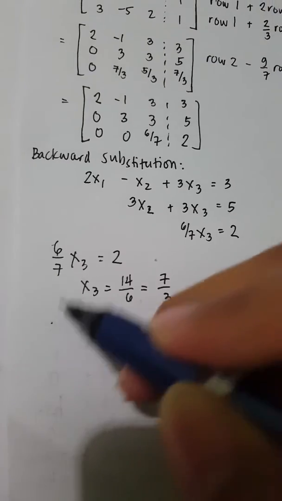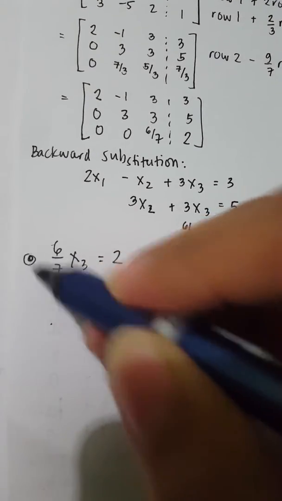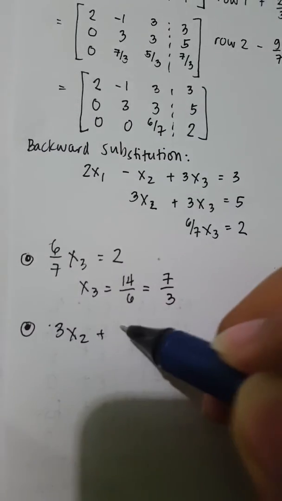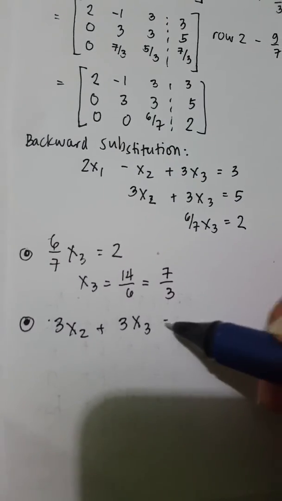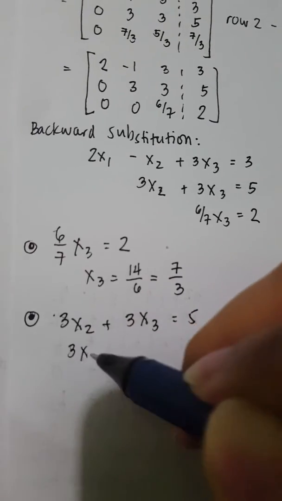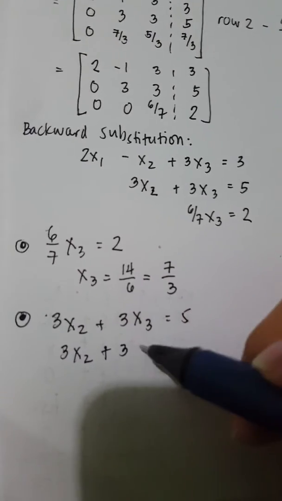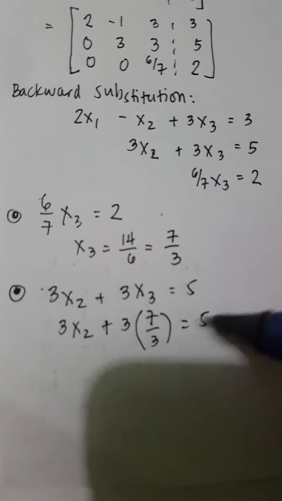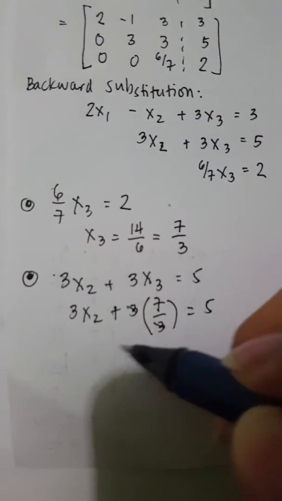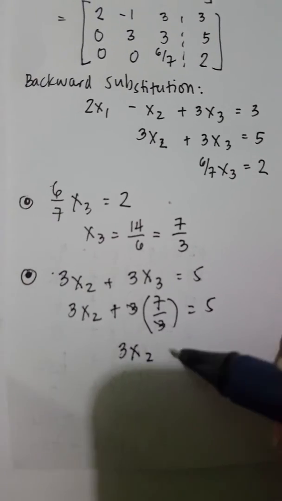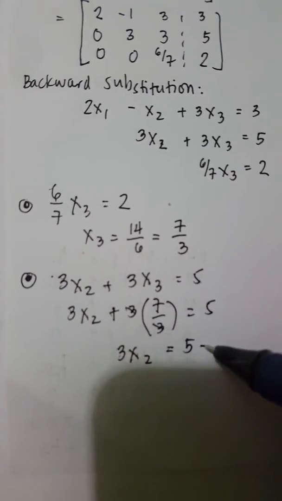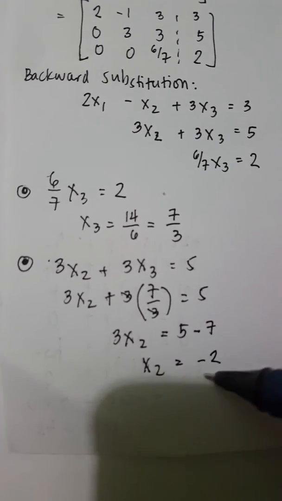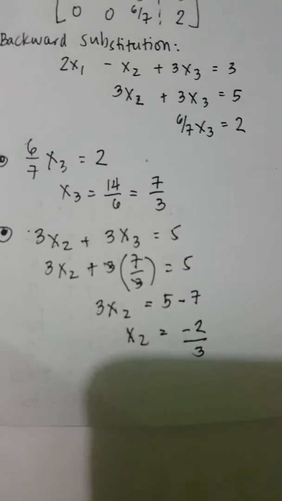So, we have 3x2 plus 3x3 is equal to 5. 3x2 plus 3 times 7 over 3 is equal to 5. So, that will cancel. So, we have 3x2 is equal to 5 minus 7. x2 is equal to negative 2 over 3. Ayan.